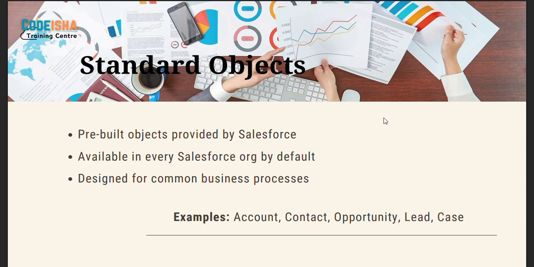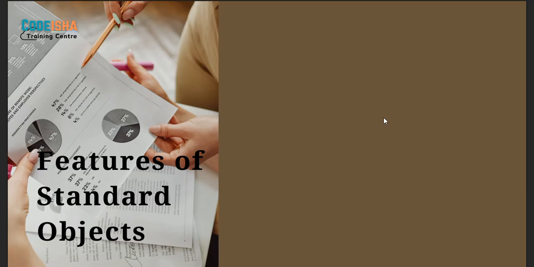Okay, so see, these are the standard objects: account, contact, opportunity, lead, case, and also solution and asset. So these are all standard objects. Sorry, before going to custom objects, we need to know the features of standard objects.